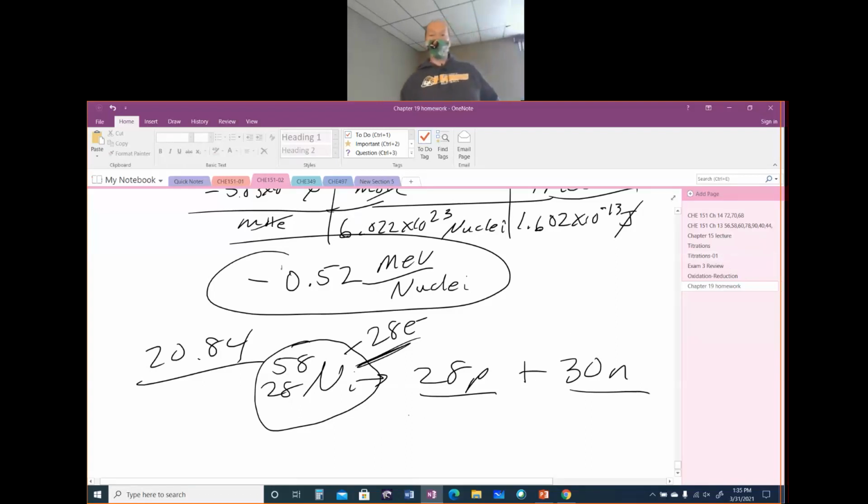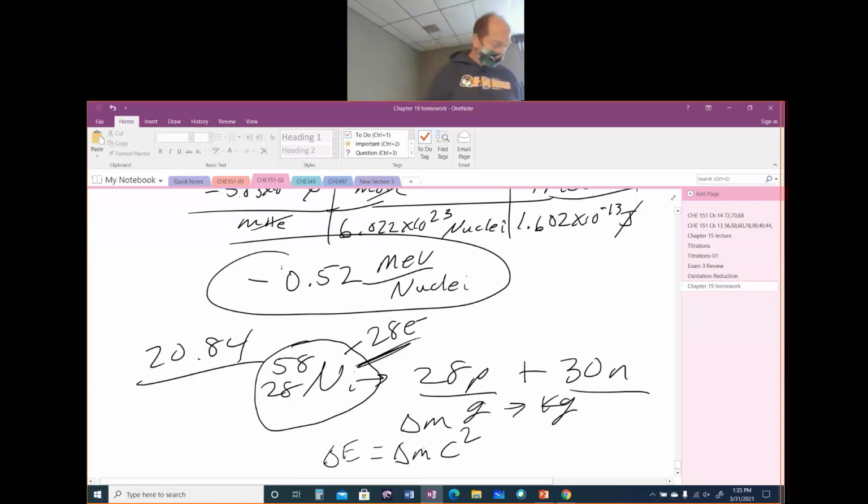And then that will give you your delta M, and then you go delta M times your C squared is equal to your delta E. Remember, you're going to get grams that have to be converted to kilograms before you put it into that equation. And then here, you have to convert it to nucleons.